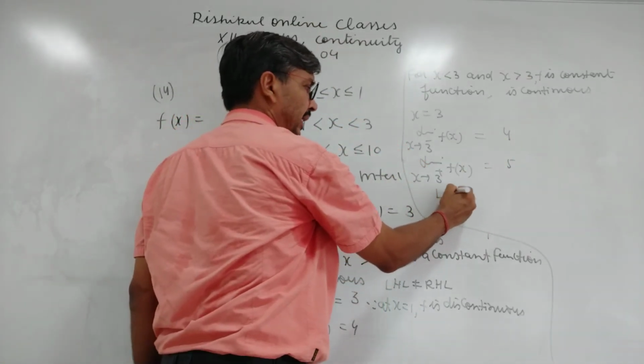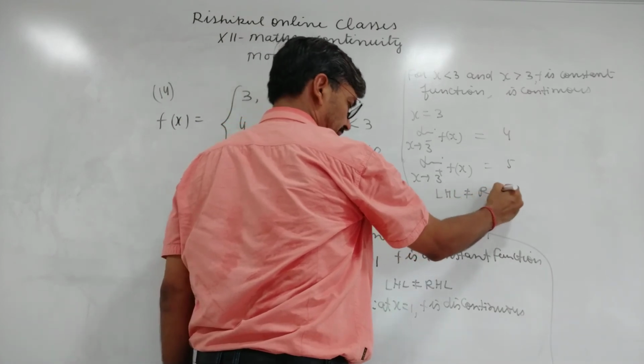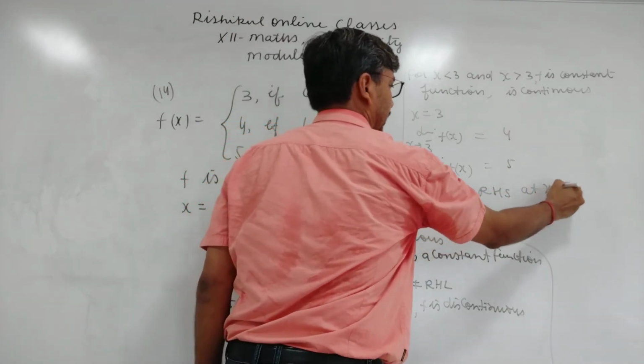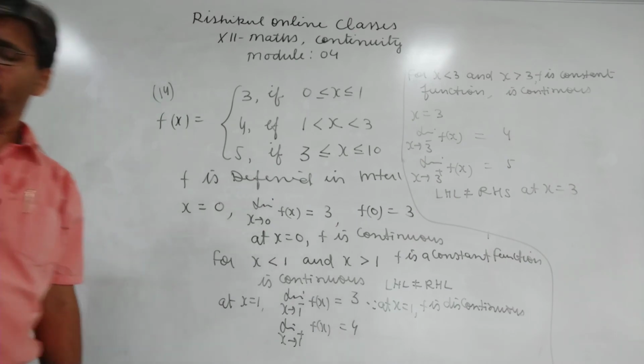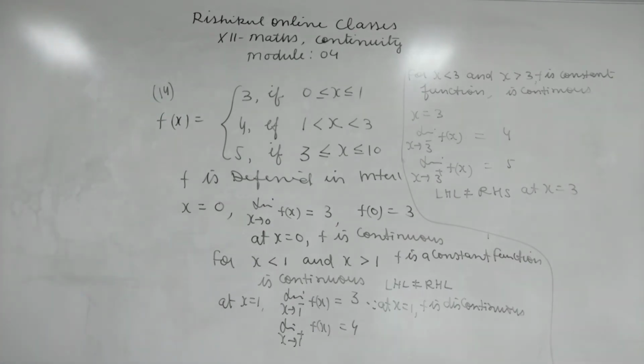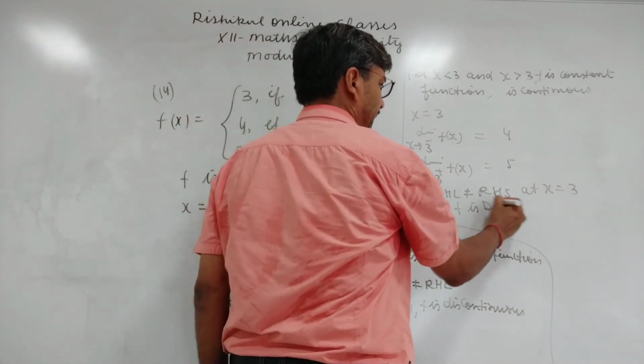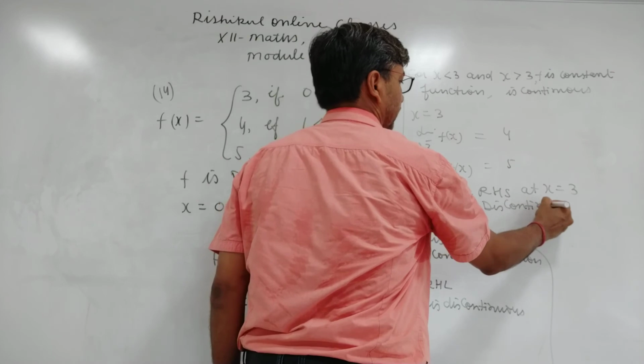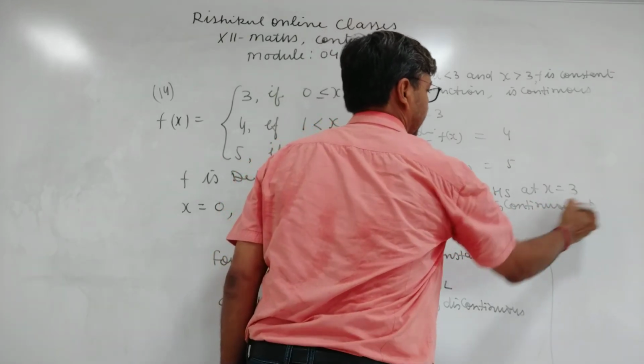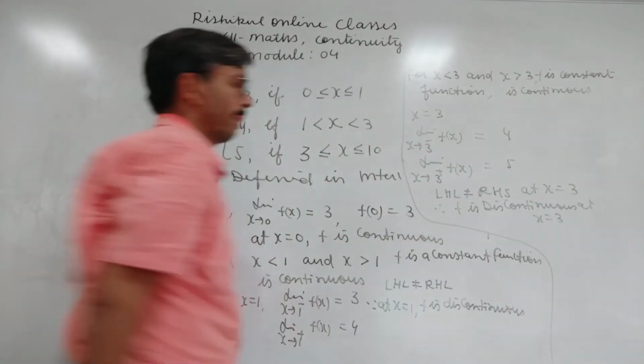So left hand limit is not equal to right hand limit at x equal to 3, and therefore at x equal to 3, f is discontinuous.